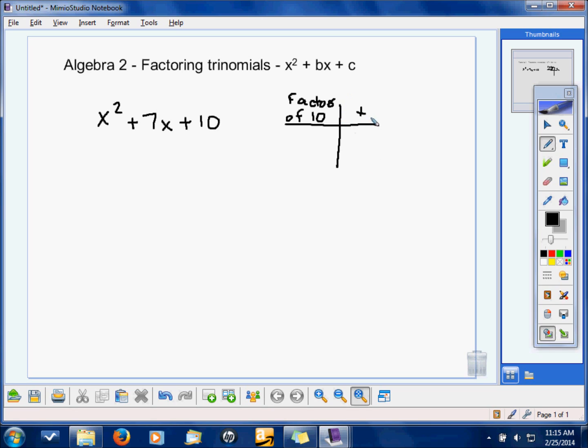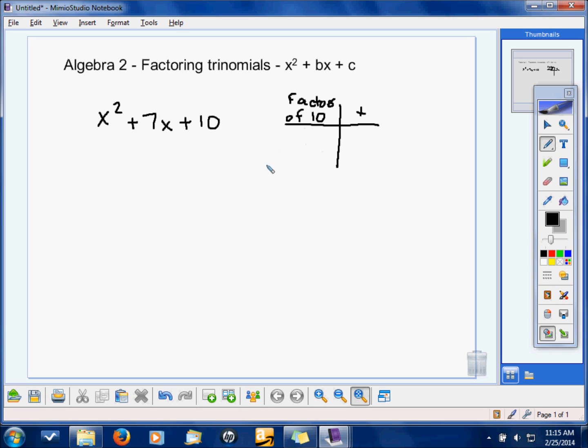When I'm talking about factors of 10, I'm talking about a pair of numbers that you can multiply together to get 10. So 2 and 5. We also have 10 and 1.